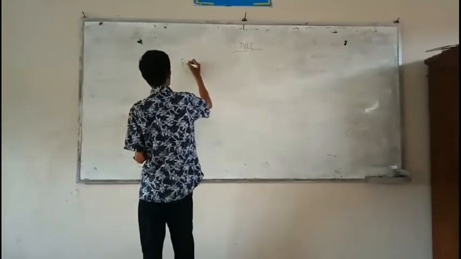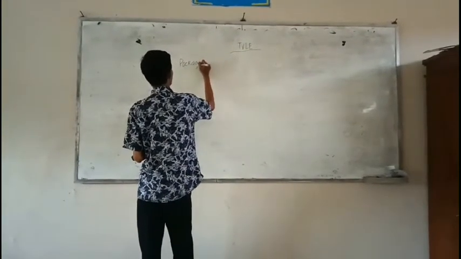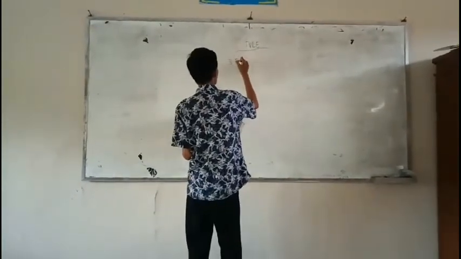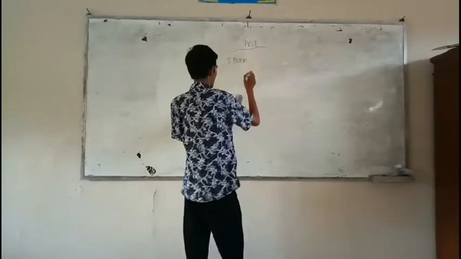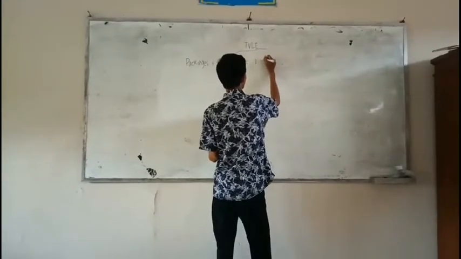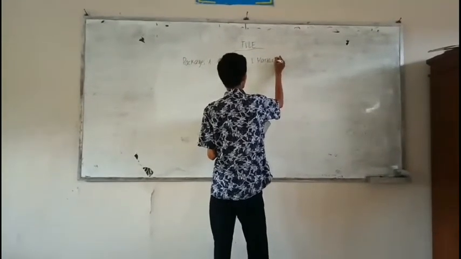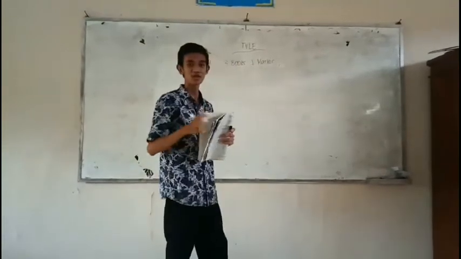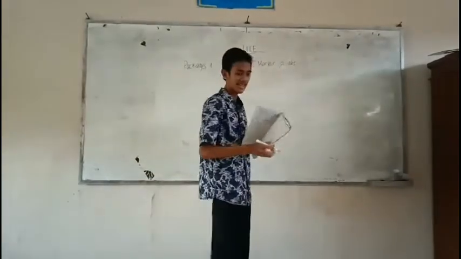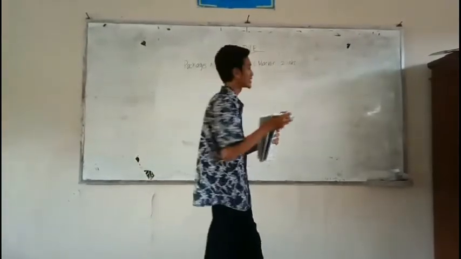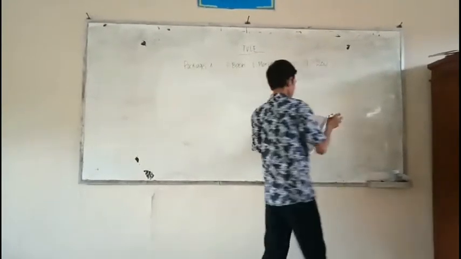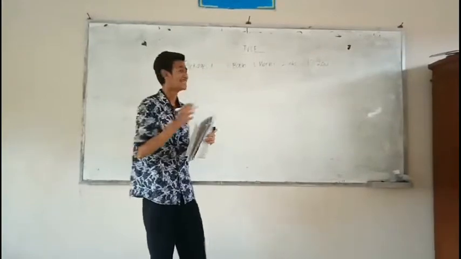Package A contains three books, one marker, and two inks, with a price of 17,200.